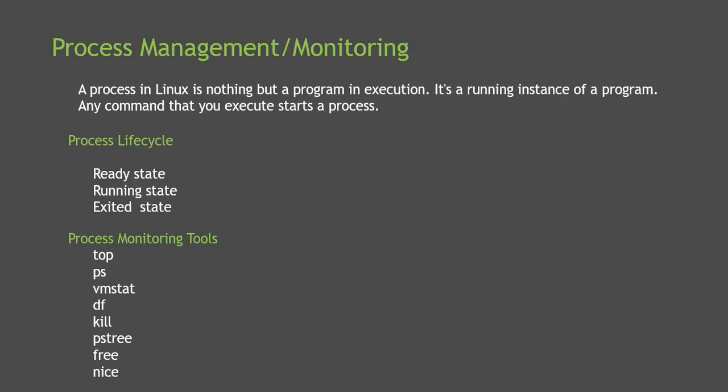Whenever these processes are running, obviously they need some resources. What kind of resources do they expect from the operating system? They need CPU and RAM. Every process needs some resources to execute or complete.